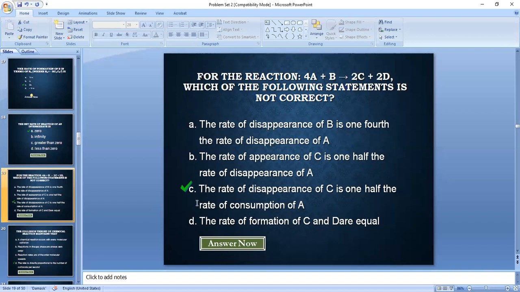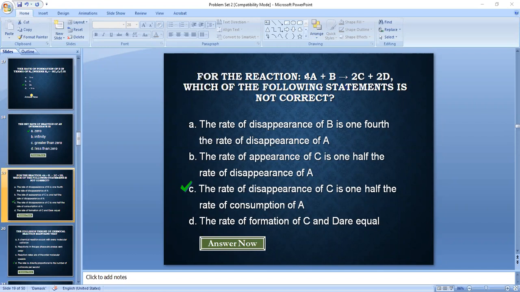Based on the choices here, our answer is the rate of disappearance of C is 1/2 the rate of consumption of A. So that's the statement that is incorrect. What gives it away without having to understand? Let's say, for example, you don't understand disappearance, 1/4, 1/2, 1:1, or things like that.